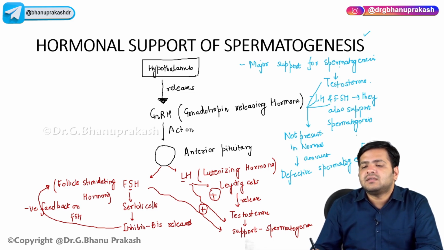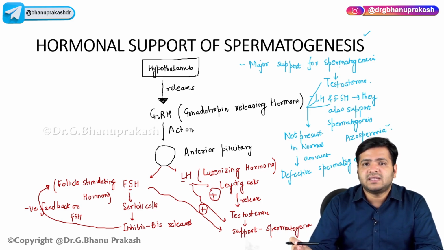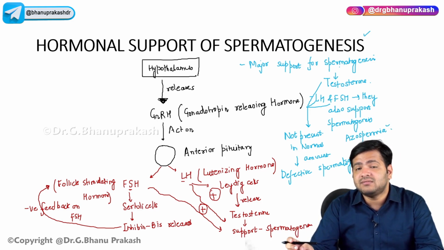And this can result in azoospermia. I will be discussing azoospermia in the upcoming part. So defective spermatogenesis could be a reason for azoospermia.